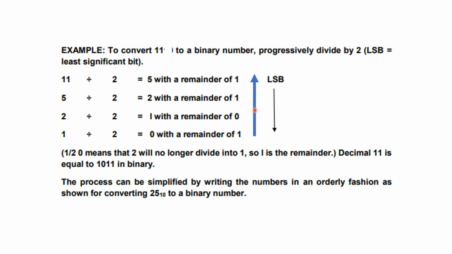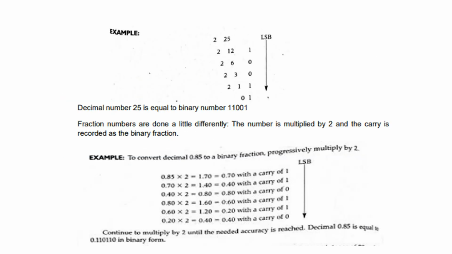So that arrow. So let's see. So therefore, for example here, the equivalent of this 25 is 1, 1, 0, 0, 1. Okay.